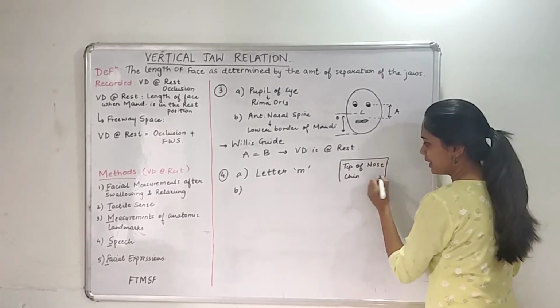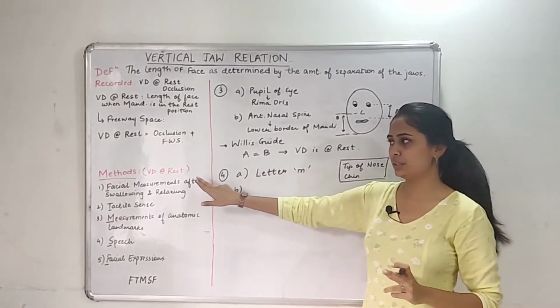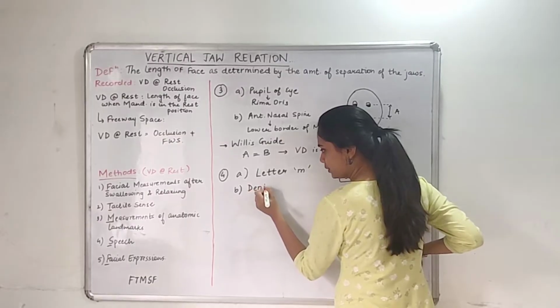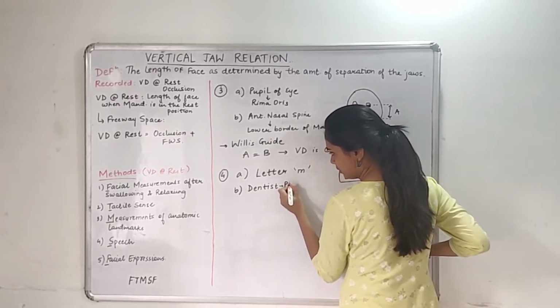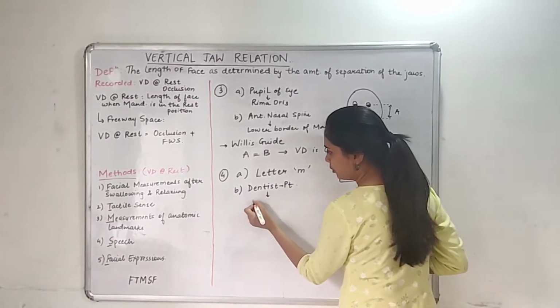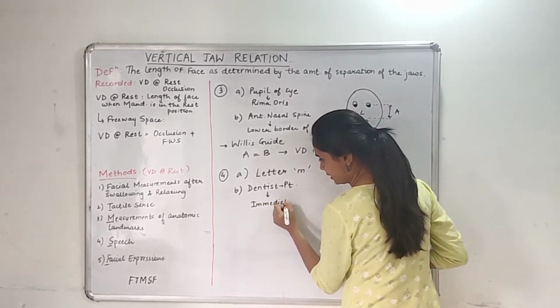These will be our 2 basic landmarks which help us to measure vertical dimension at rest. So here the dentist can talk continuously to the patient, and after the patient stops talking, immediately we measure the vertical dimension at rest.